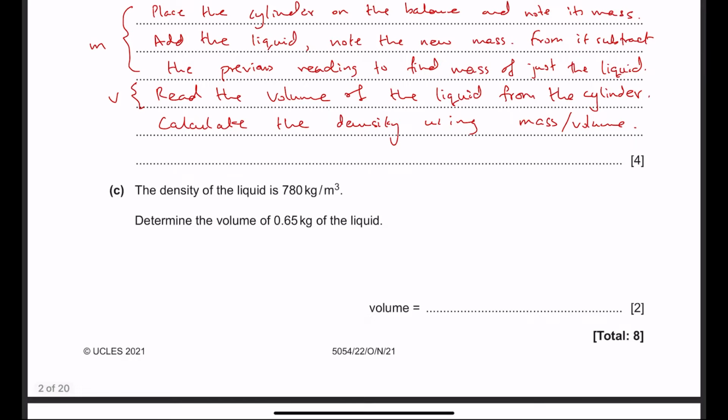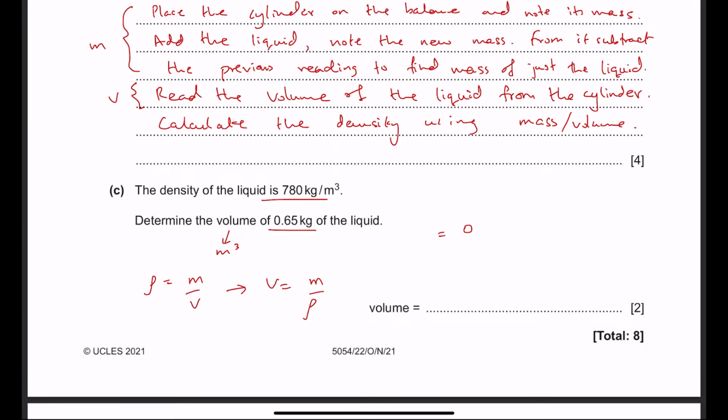Alright, now we have been given the density of the liquid and the mass of the liquid. The density is in kg per meter cubed and the mass is in kg, and we can now calculate the volume in meter cubed, which is what we are required to do. The formula for density is mass over volume. Obviously then volume would be mass over density.